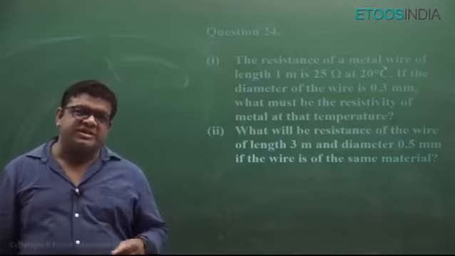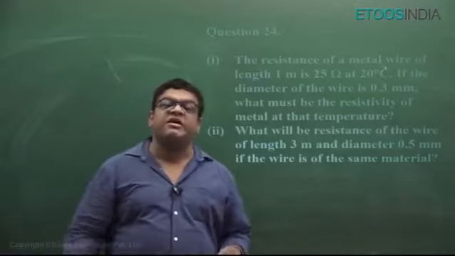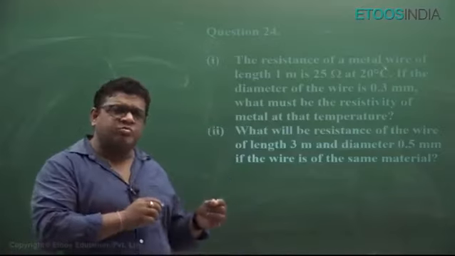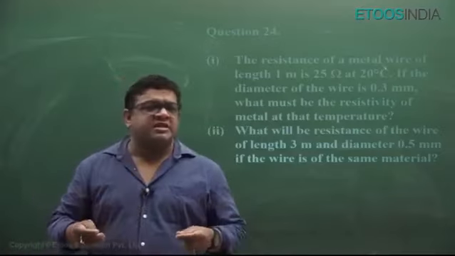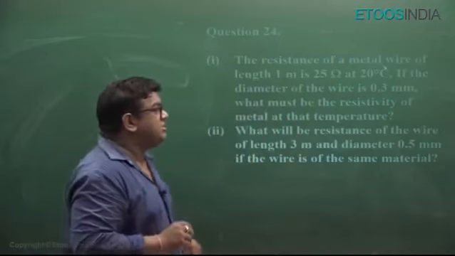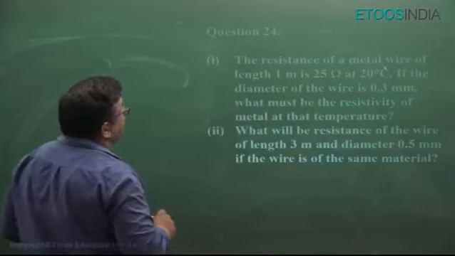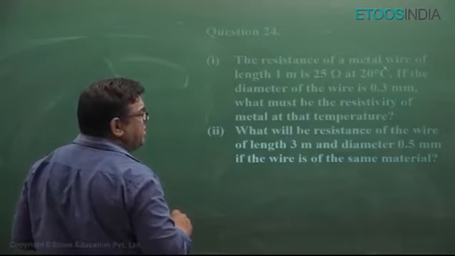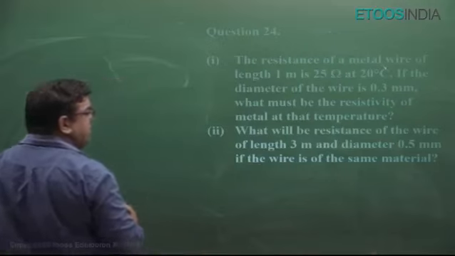Many a time students get into complications about why the temperature is given, but it is just there to teach you that we are not going to use it anywhere as the temperature remains constant. So what they have asked is the resistivity of the metal. Let's see what the resistivity will be here.